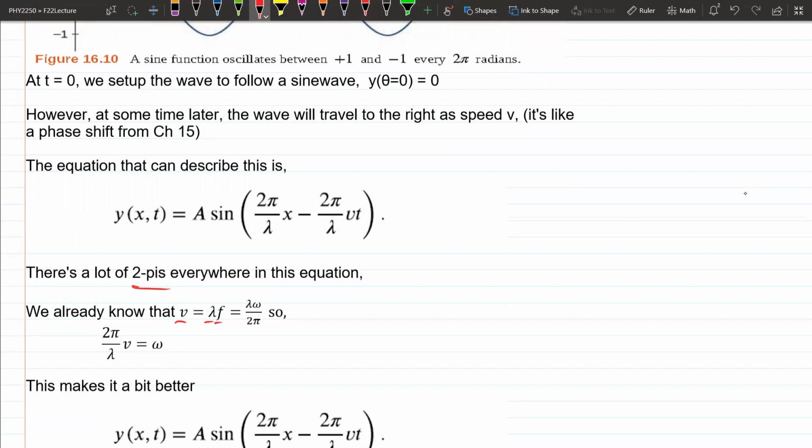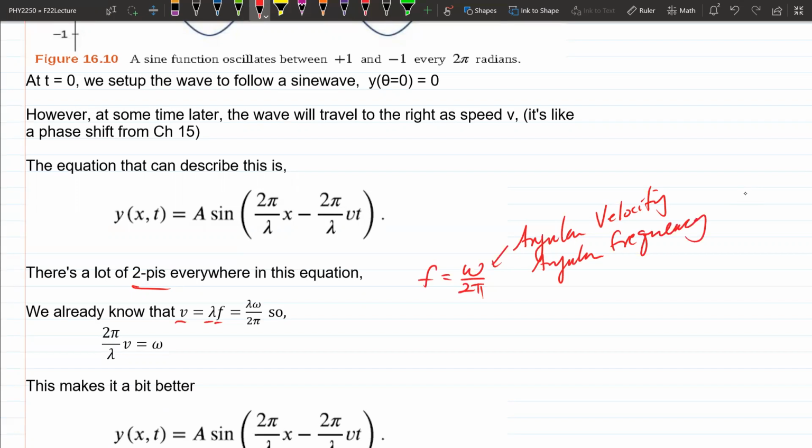The frequency of a wave, or even of just an oscillation, is omega, which is the angular velocity, but in this case we're going to call it angular frequency instead, because it does basically the same thing. It tells you how frequently my arm is going up and down, as opposed to measuring it in cycles per second, it's measuring it in radians per second instead.